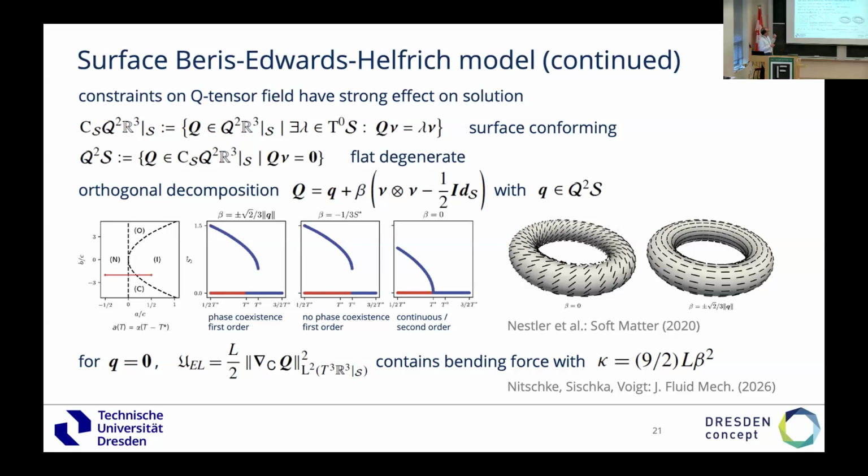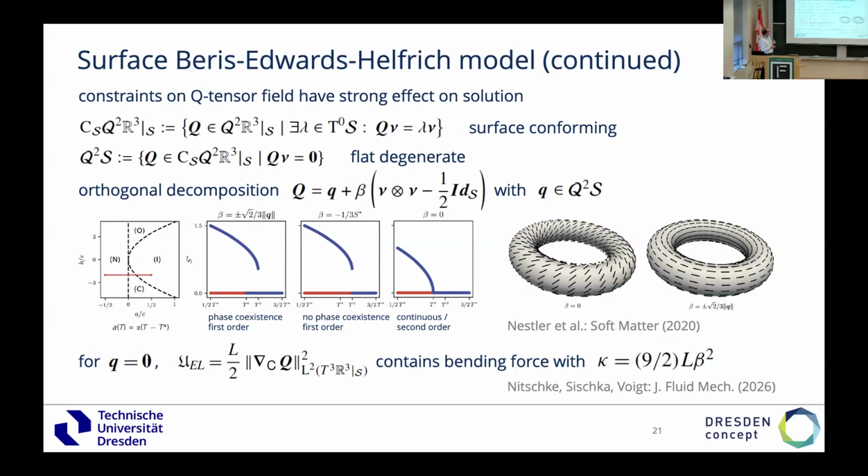If we assume that our Q tensor is uniaxial, we have to relate this beta and the Q field. And if we do this, this would be the most physically meaningful situation, then the transition from the isotropic to the nematic state by varying our parameters and the thermotropic energy leads to a phase transition, and this is first order, and we have phase coexistence.